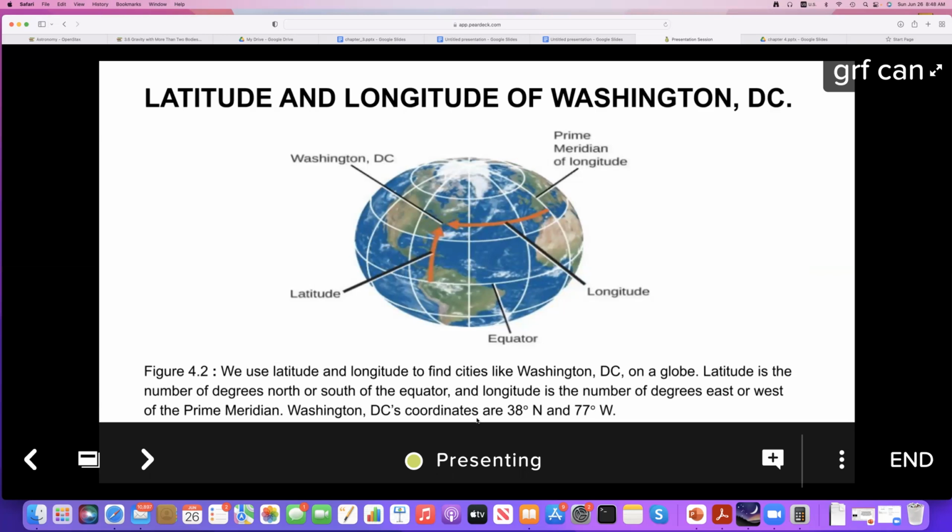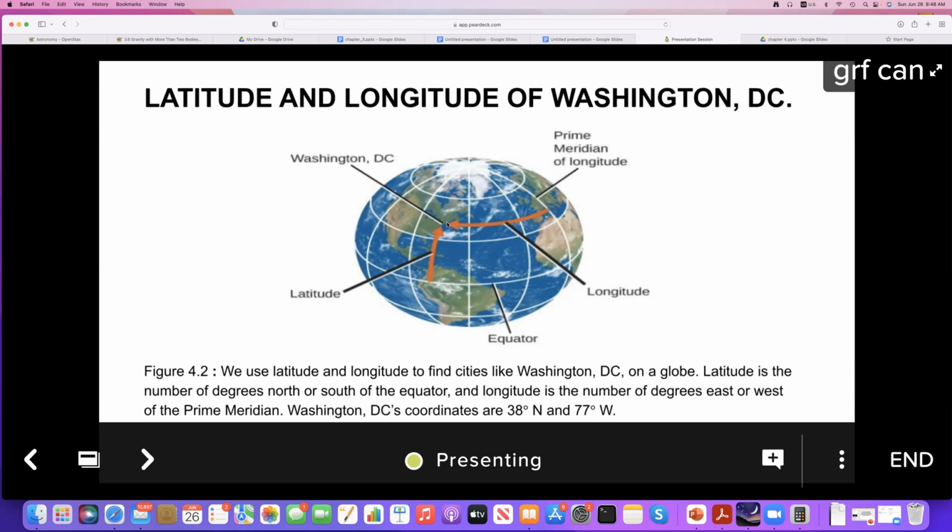And I have mentioned here, the longitude is the number of degrees east or west of the prime meridian. The Washington DC coordinates are 38 degrees north and 77 degrees towards the west. So this 77 degrees towards the west is measured from here to here.